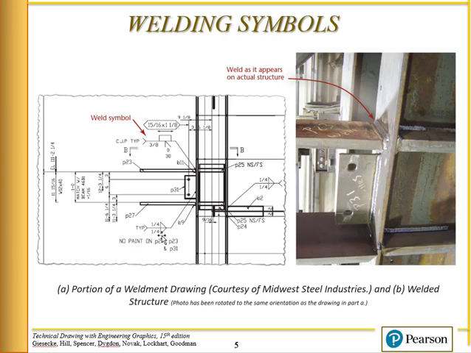So everything above and below this straight line on your welding symbol is oriented the same way, whether the leader comes from the left or the right. The orientation of all this stuff along the line is the same. Okay, that was the point I was making.